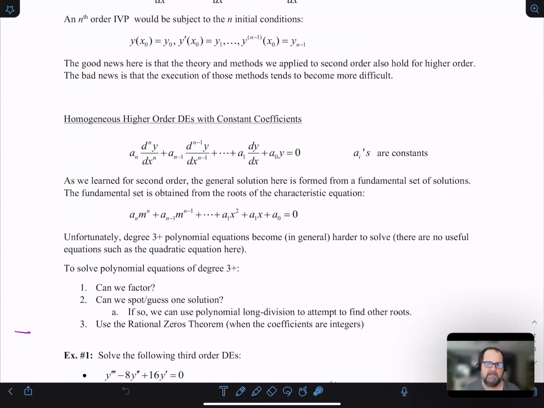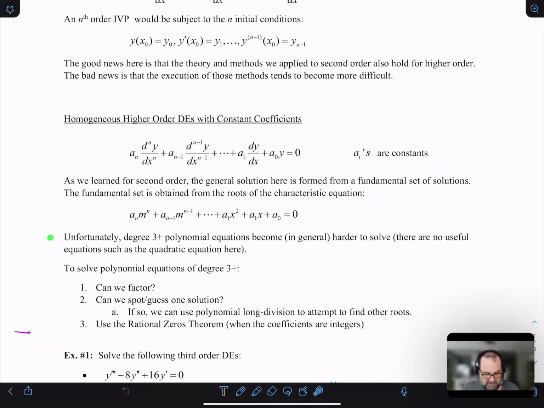And we need to solve the characteristic equation and find its roots. It's the roots of the characteristic equation that basically dictate the nature of the particular solutions, the set of linearly independent solutions. We call this a fundamental set of solutions.